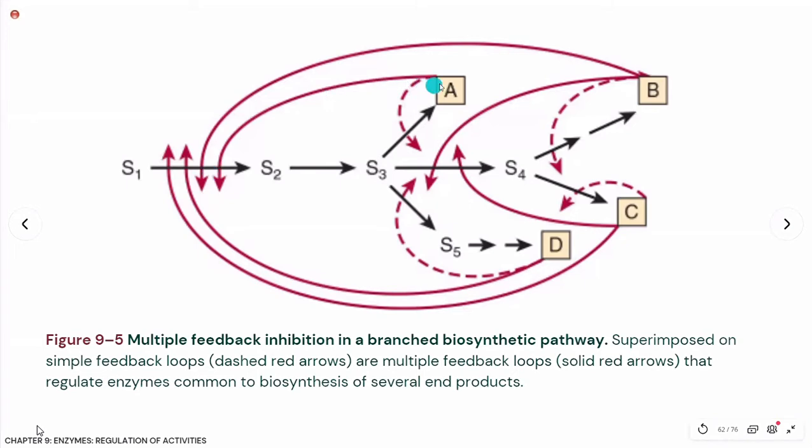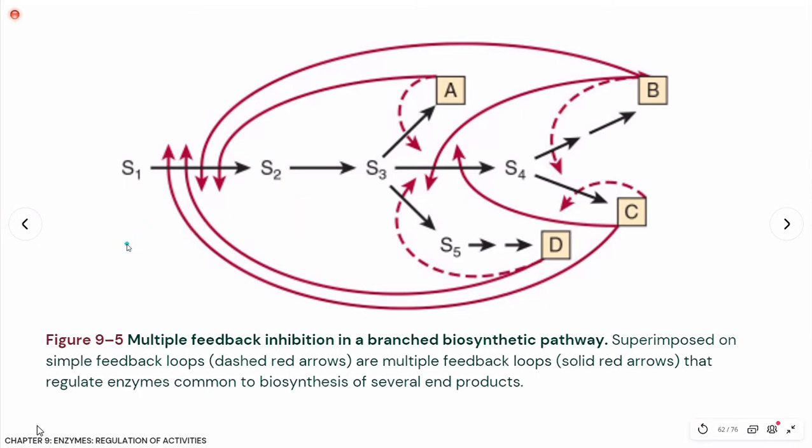A acting on that, B still acting on this, then we have C acting on that, and D acting on that also. Concerted, cooperative inhibition, because all of them have increased. A, B, C, D.